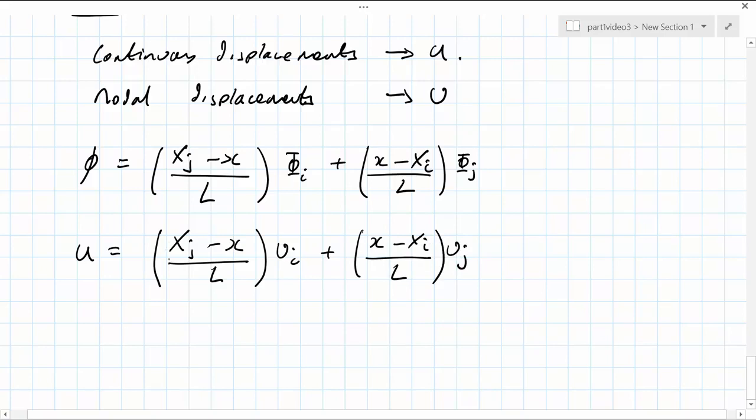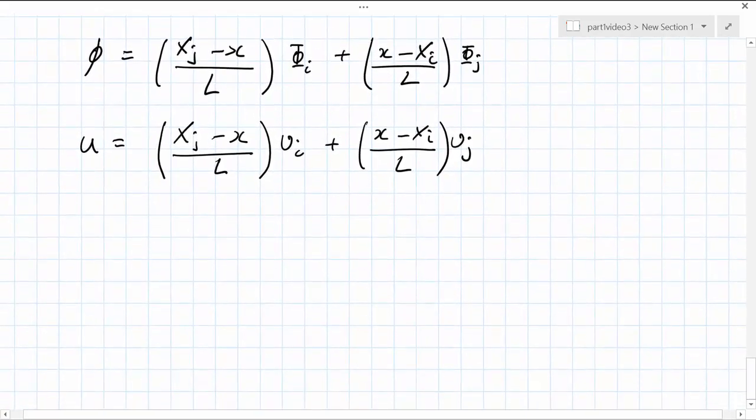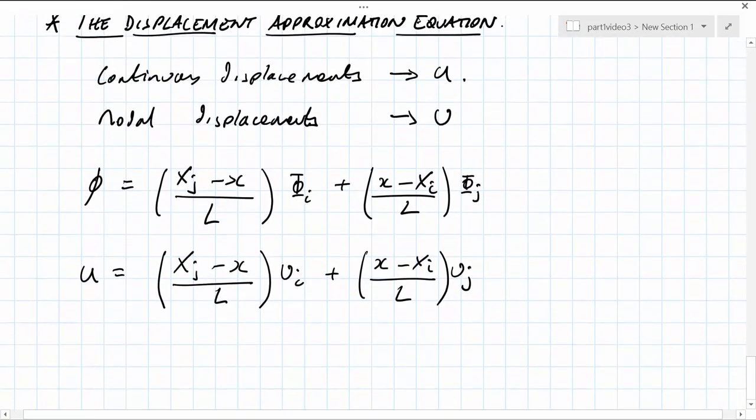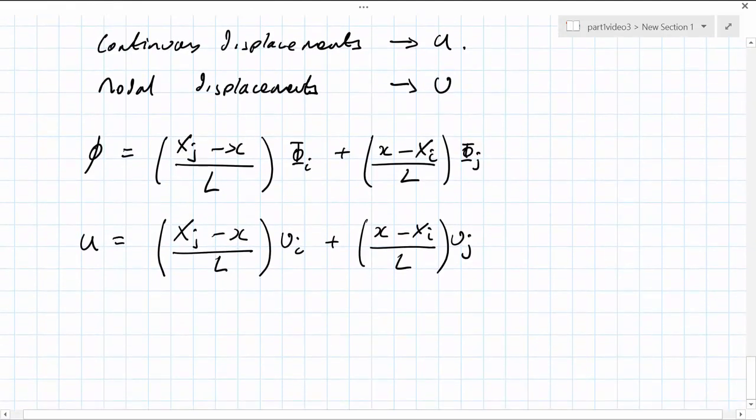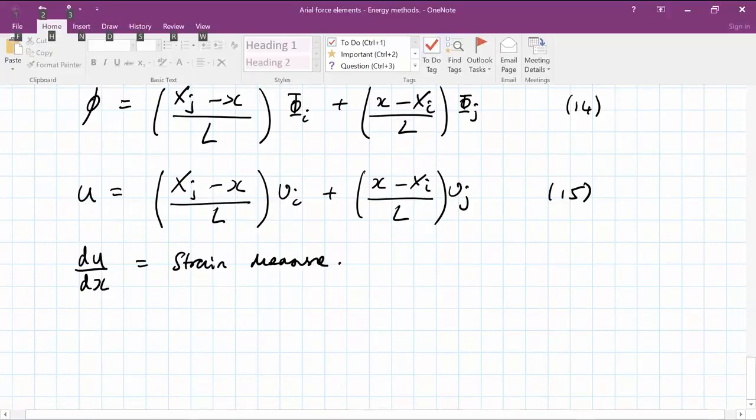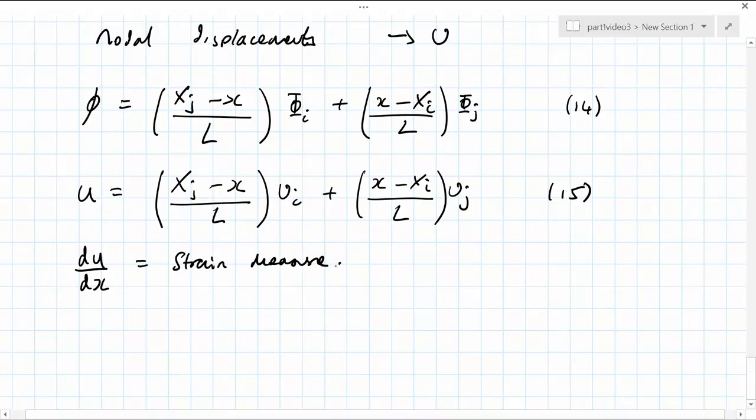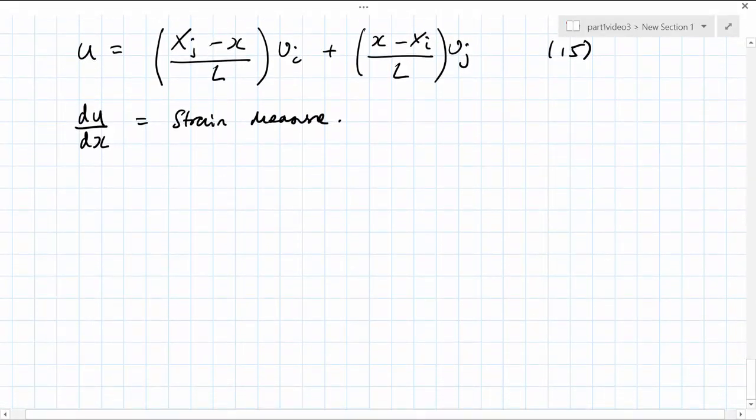Capital Xj is simply a nodal value of lowercase x, which describes the position of the node in the system. The strain measure that we defined previously has been written as du by dx. In order to proceed with this, we need to convert this into nodal values. If we plot out a representative element, we can see how this can be achieved.